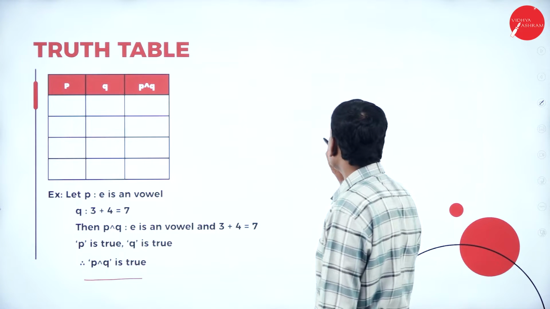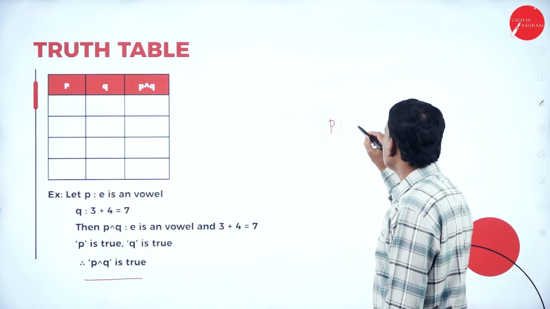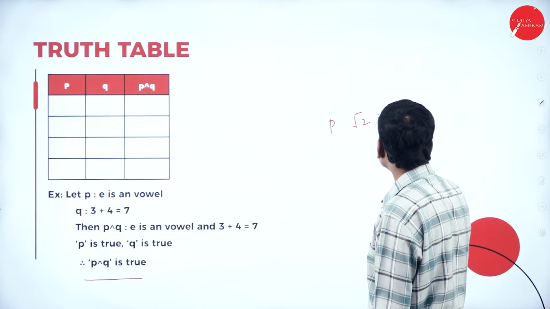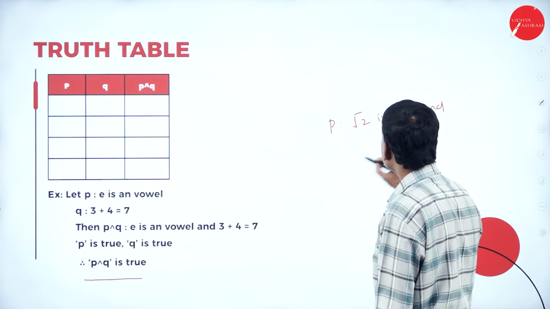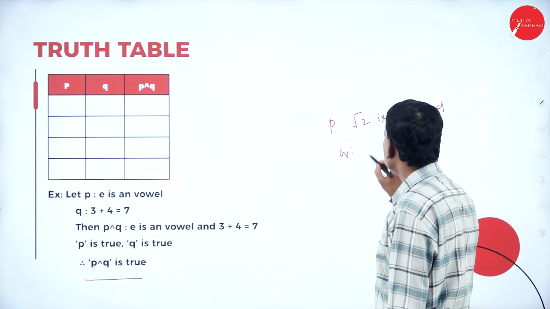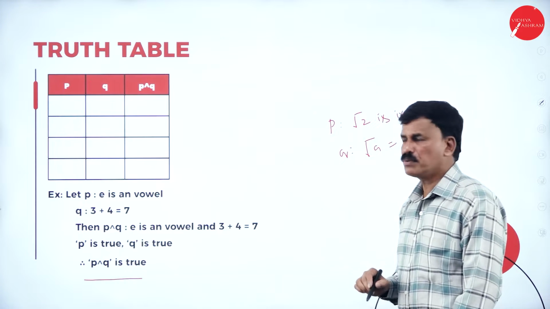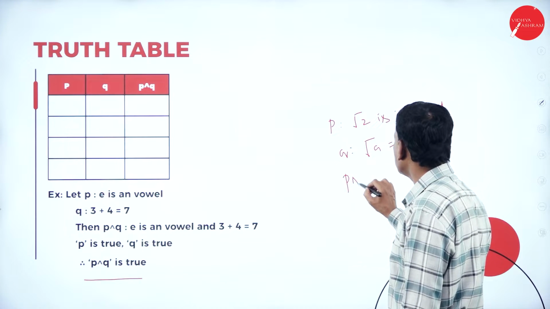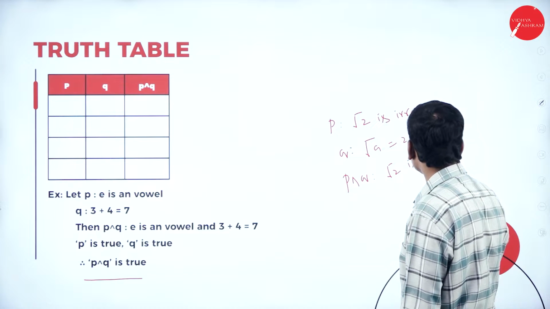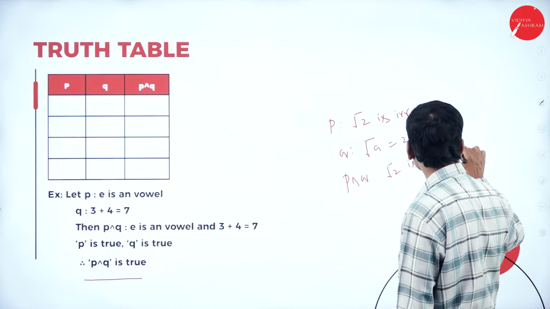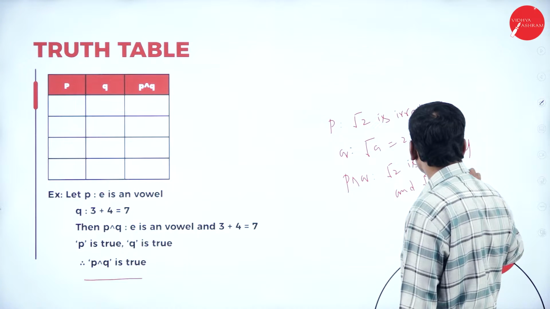Let me take another example. Let P: root 2 is irrational, and Q: root of 9 is equal to 2. Now, here P conjunction Q is: root 2 is irrational and root 9 is equal to 2.